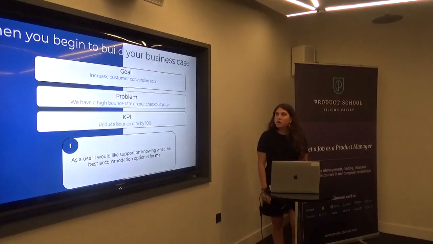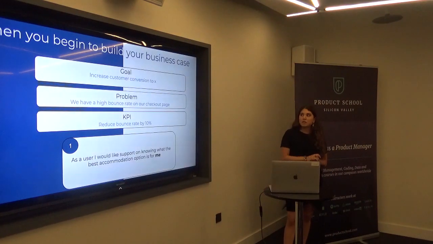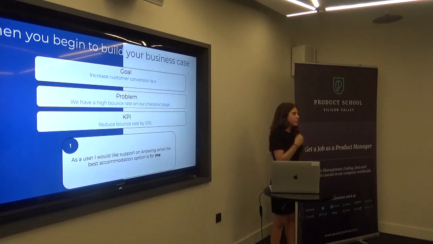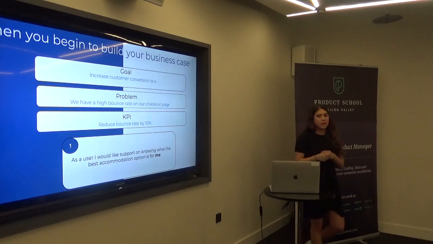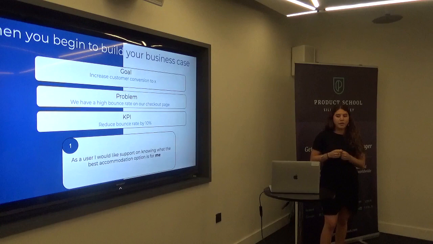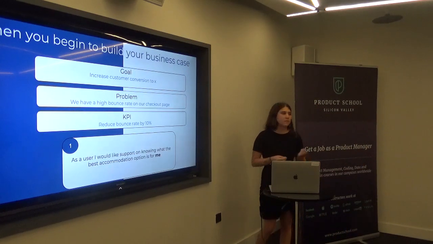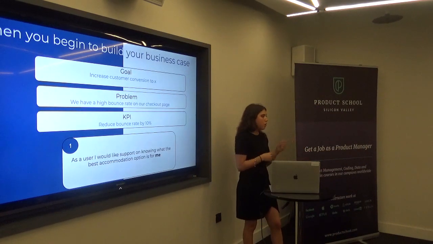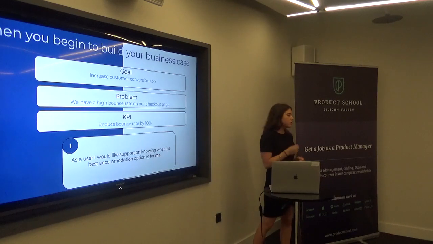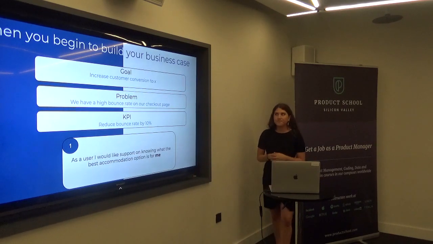So you have now had your planning session, your brainstorming session. You know what your goal is. The next thing is building a business case. And this is something that I'll touch upon a bit more later, but the importance of building a business case. Because essentially, anything you add to your roadmap is an investment, no matter how big or small. So you need to make sure that you're building a case for it.